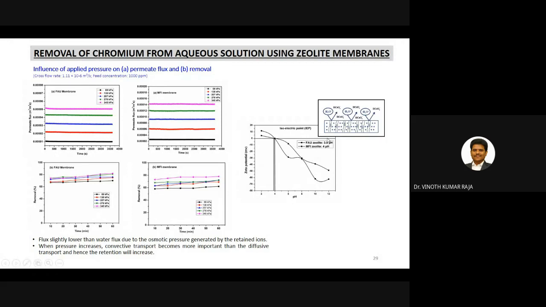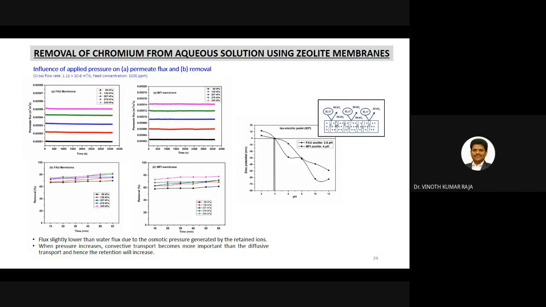So the removal of solute by the charged membrane takes place by electrostatic interaction between the charged membrane and the solutes. As we know, the surface charge of the membrane depends on the pH of the contact solution. That can be either positive or negative.